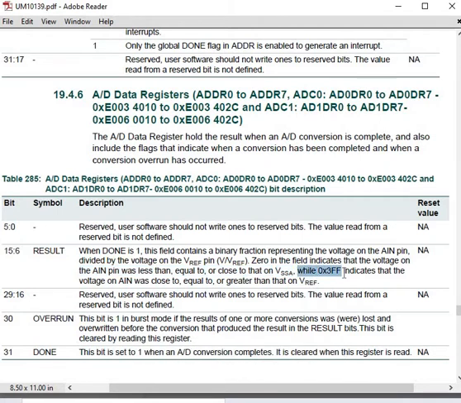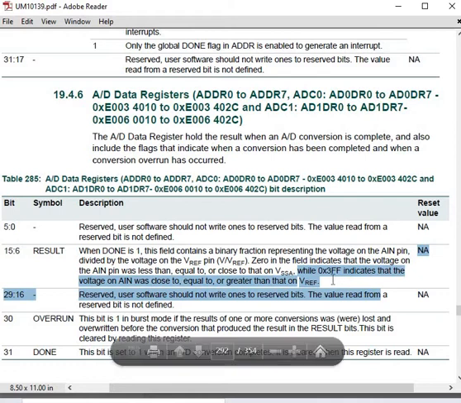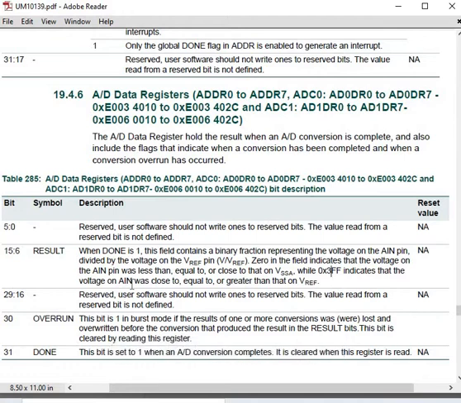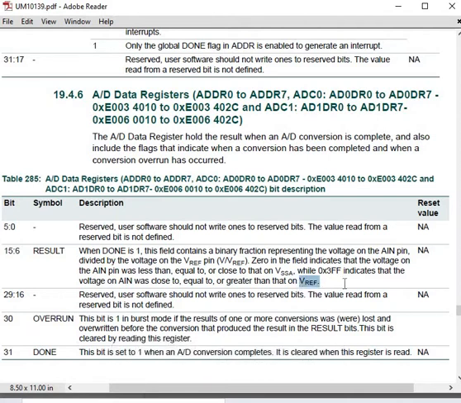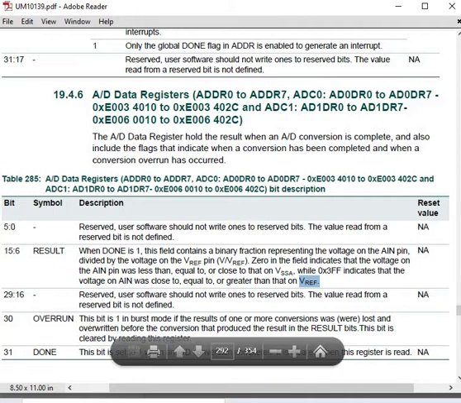And when it gets the value 0x3FF, it indicates that the voltage on that particular pin we are connected to is close to, equal to, or greater than the VREF pin, which is normally 3.3 volt. Any value in between, between the ground value 0 and the VREF 3.3 volt, will be written as a 10-bit number, meaning 0 to 1023. So this is the data register.